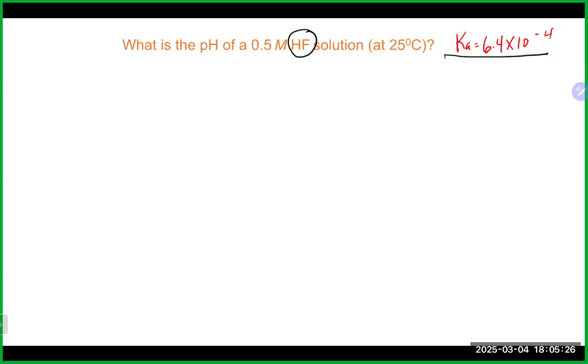Or if it wasn't given to you, I could obviously go to a table and find that Ka value. That should tell me that because it's a Ka value, it's a weak acid, right? And it's going to set up an equilibrium. That should also pretty much scream to you in this class that doing some type of ICE table is probably the logical move here.